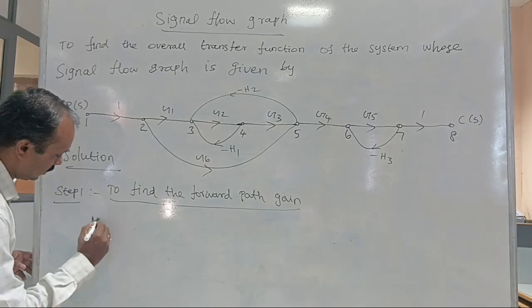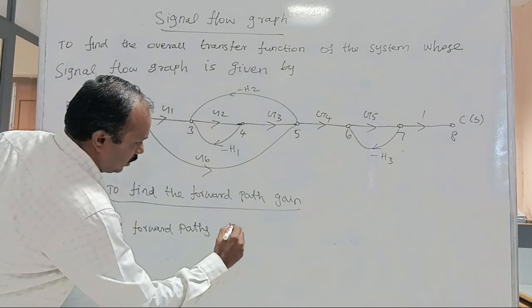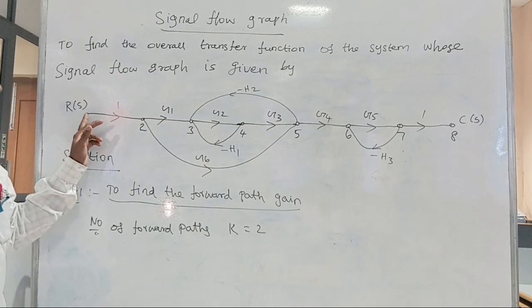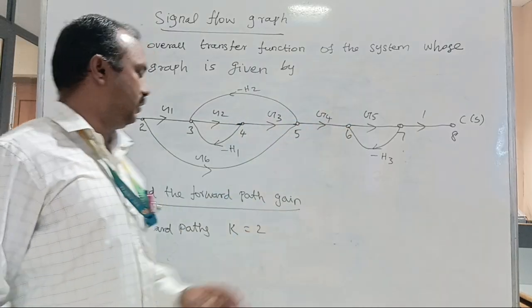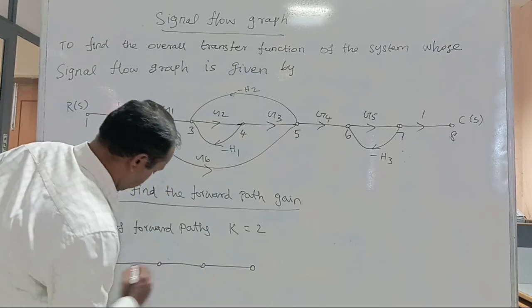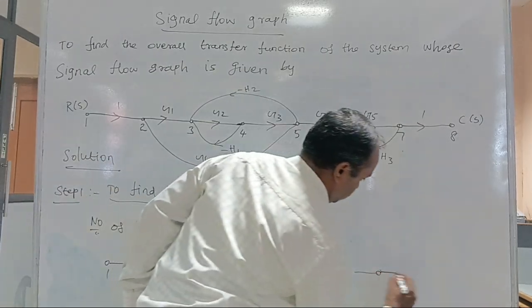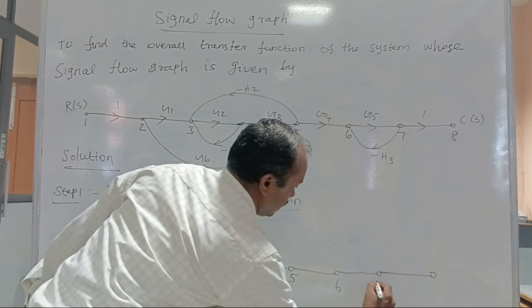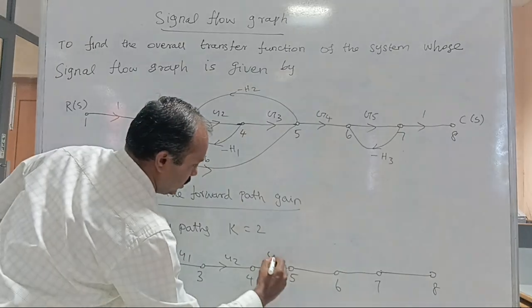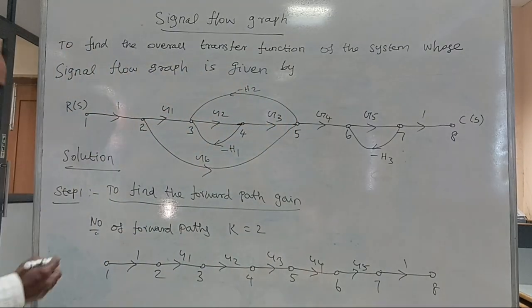The first forward path, k equal to 1, is from 1 to 8, that is 1, 2, 3, 4, 5, 6, 7, 8. The gains are 1, G1, G2, G3, G4, G5, and 1.